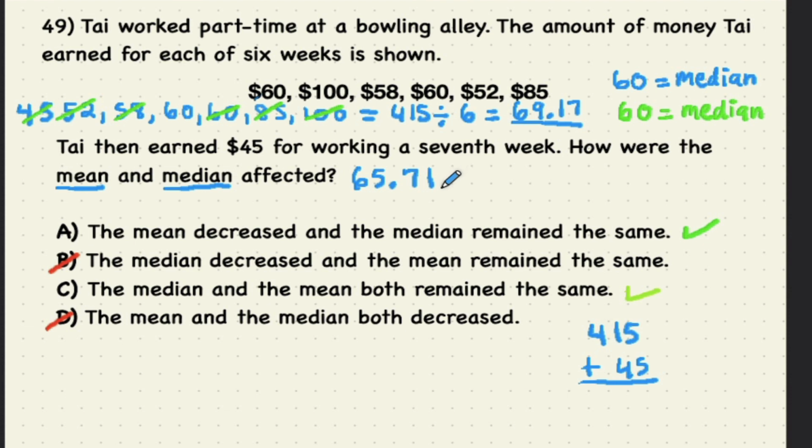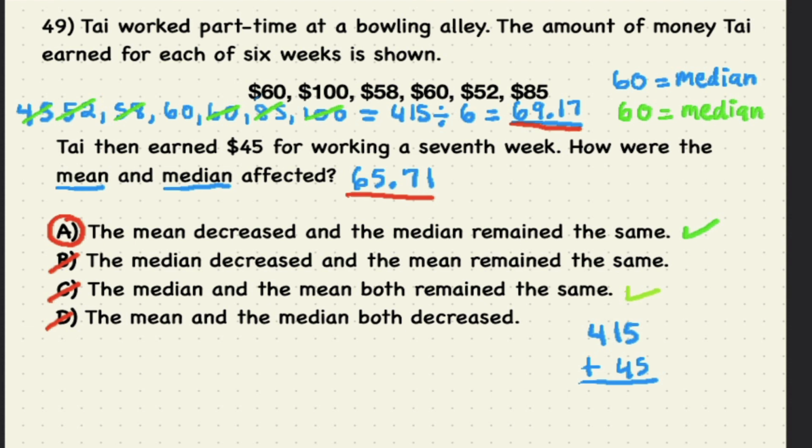Okay, and so that means that the correct answer is answer choice A, because it says here that the mean decreased and the median remained the same. Answer choice C is not the correct answer because it says the median and the mean both remain the same. That's not true, because the mean is different. So answer choice A is it.